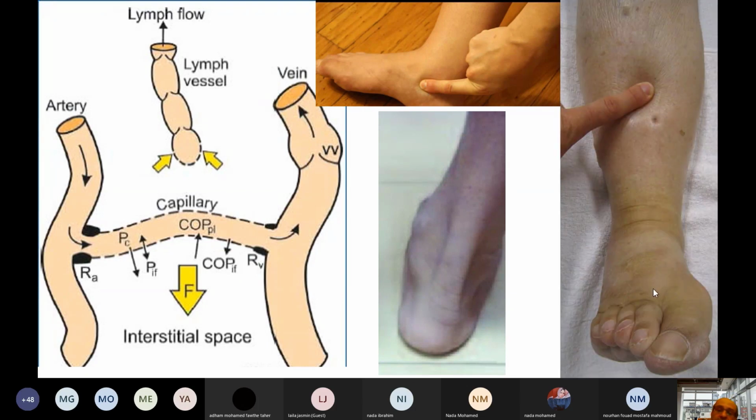Whenever you see edema in your patient, you have to comment on whether it is soft or hard, pitting or not, and you have to go upward part by part until you see the end of the edema, and then describe what you have seen. I have a soft, pitting edema affecting the lower limb until the level, for example, of the knee joint.